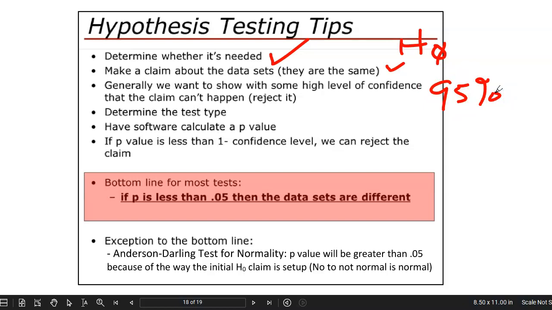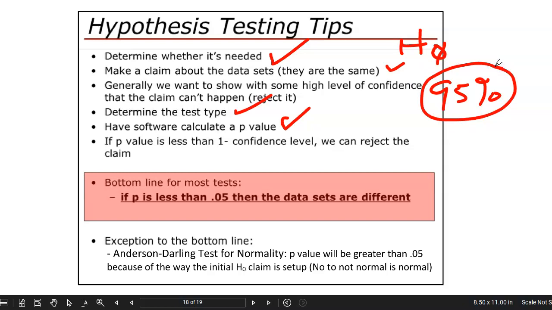Then we determine the hypothesis test type. This is going to depend upon the type of data and the test statistics that we're comparing. T-test, ANOVA, Z-tests, all examples of this. Then we have the software calculate a p-value. After the p-value is calculated, we then compare that number to 1 minus the confidence level.